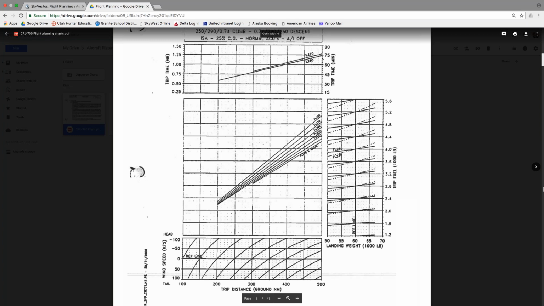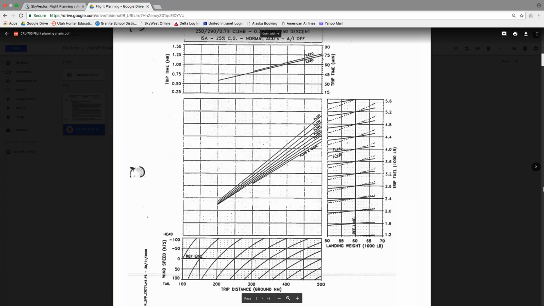So once we're at the reference line and we have our 47 headwind, we follow the contour, the curvy line. With the headwind, we're gonna follow it this way. What is it, 372 miles? Yeah, 374.